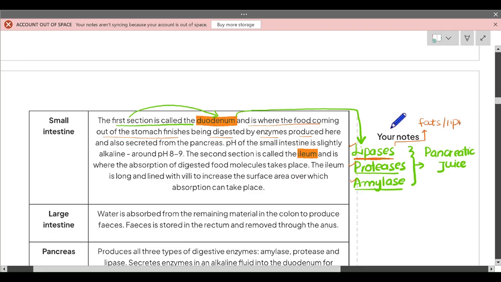And for proteases? Protein, that's right. Because the protease here comes from the pancreas, we can use the term pancreatic protease as well. And for amylase, which food component will be digested by amylase?